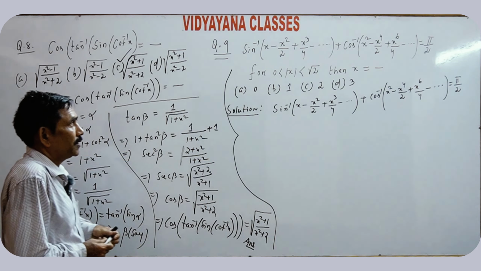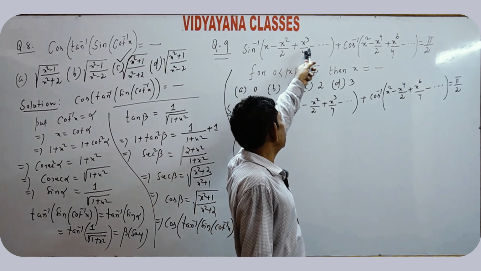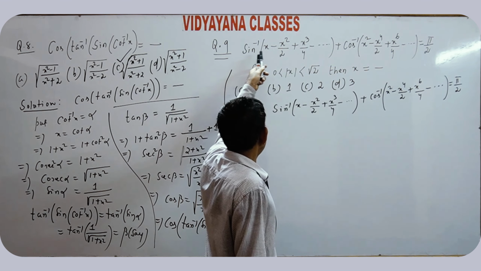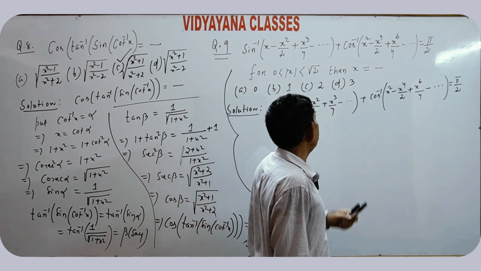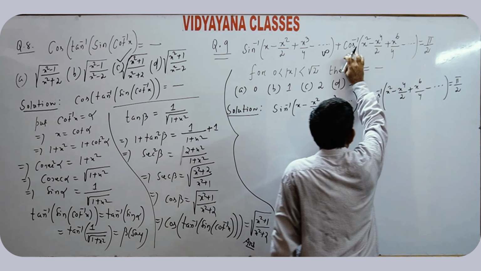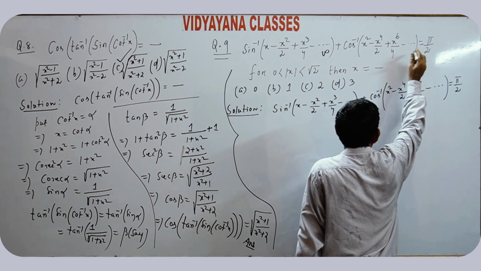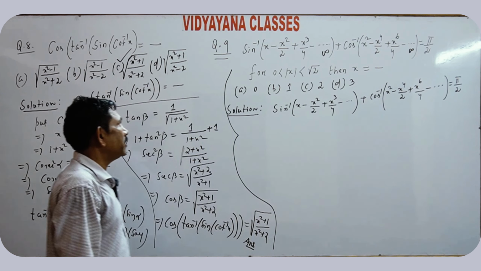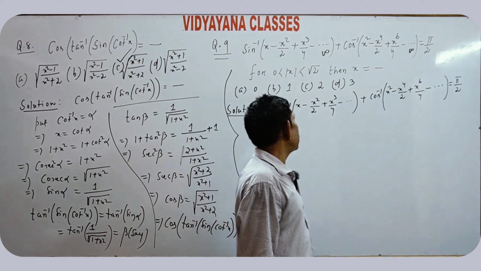Next, sin inverse of x minus x square by 2 plus x cube divided by 4 minus dot dot to infinity, plus cos inverse of x square minus x to the 4 by 2 plus x to the 6 divided by 4 minus dot dot to infinity is equal to pi by 2, where mod of x is greater than 0 and less than root 2, then x is equal to dash.